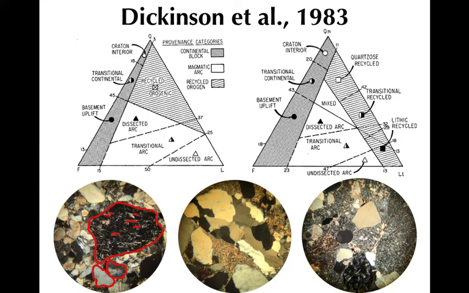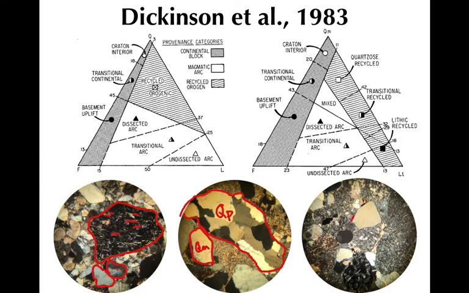In the middle here, we see a single sand grain that consists of many individual crystals, all of quartz. And this would be a polycrystalline quartz grain symbolized by QP. This one here, another single crystal grain of quartz. And this would be a monocrystalline quartz grain.